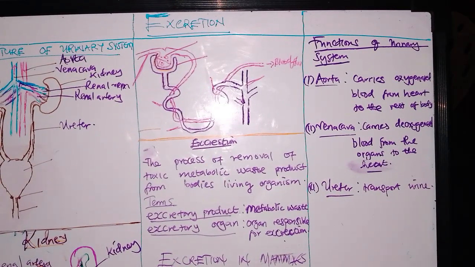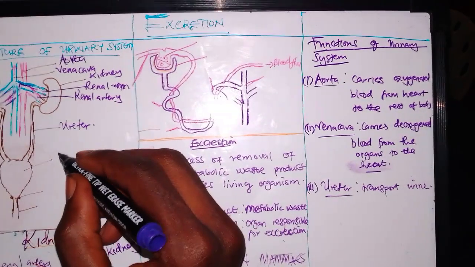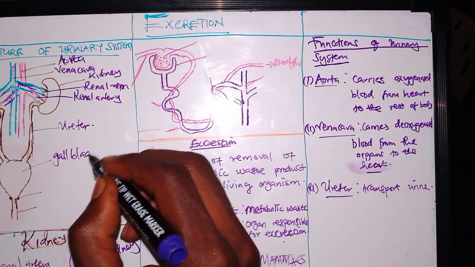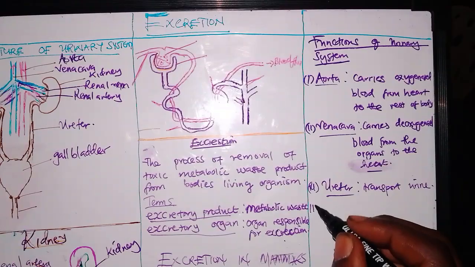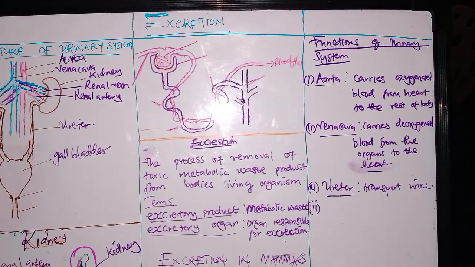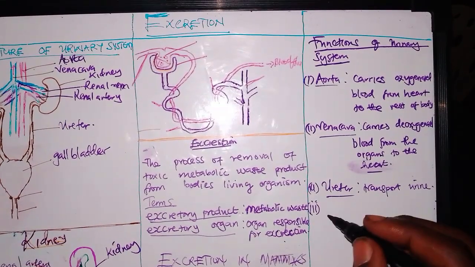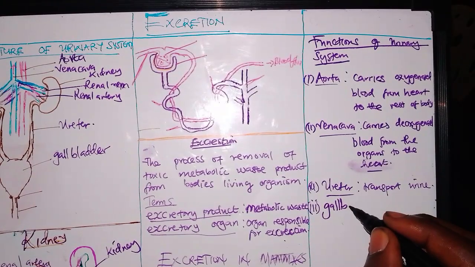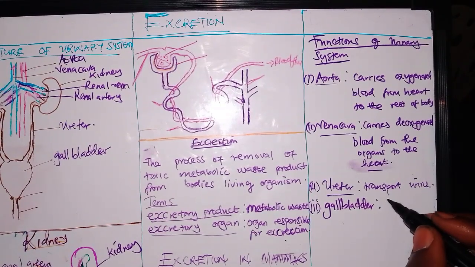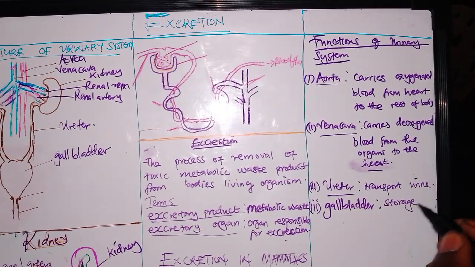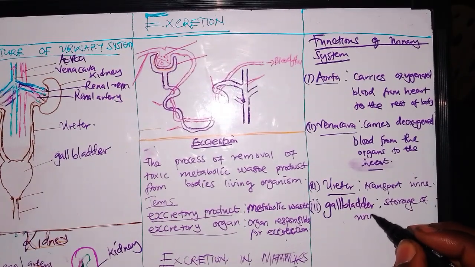So this is the structure now which transports urine from the kidney after it has been formed to the bladder, where now it will be temporarily stored for some time until you feel the urge to urinate. So the bladder is just a temporary storage. So you can say that it is the storage of urine.